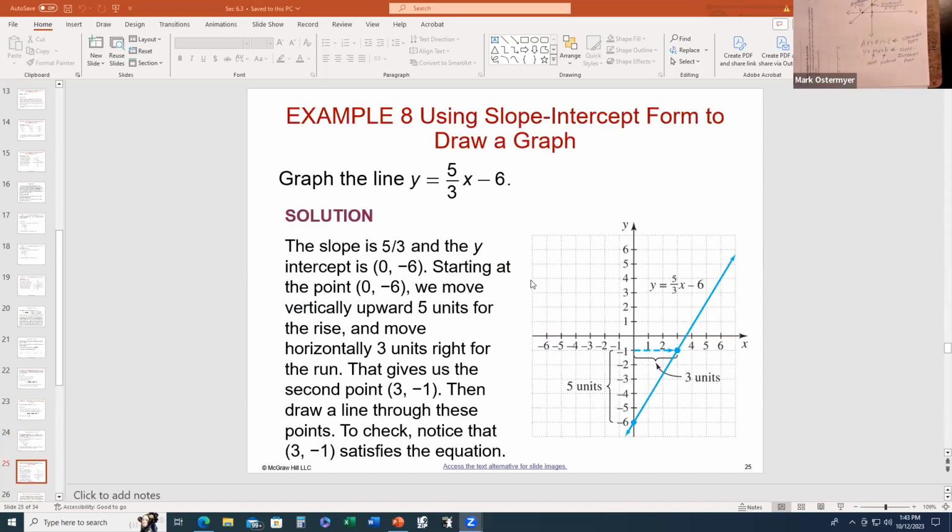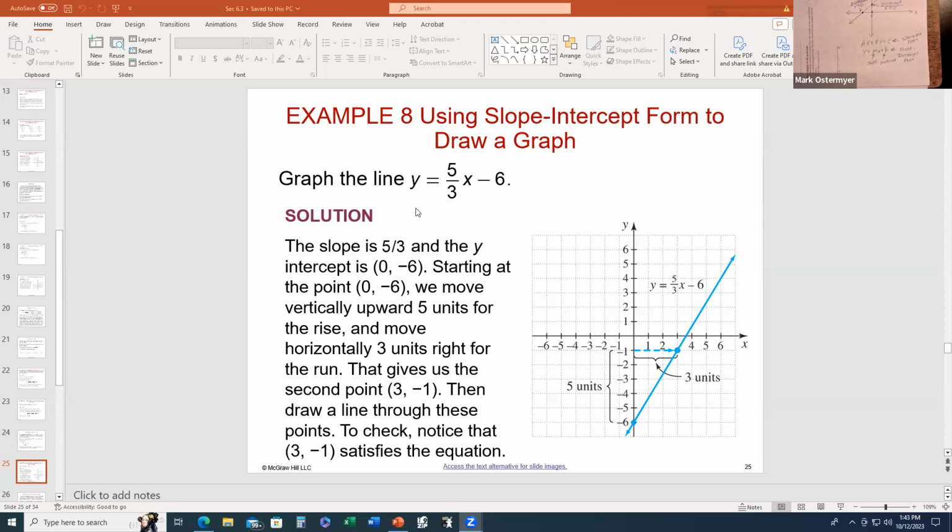All right, now, ladies and gentlemen, this is yet another way of graphing a linear equation. We've seen two ways so far. We've seen the method where you choose values for x and crank out y to get some ordered pair solutions, plot them and put a line through them. We've seen the x and y intercept method of computing the intercepts of a linear equation, plotting the points, putting a line through them. Now here's another way.